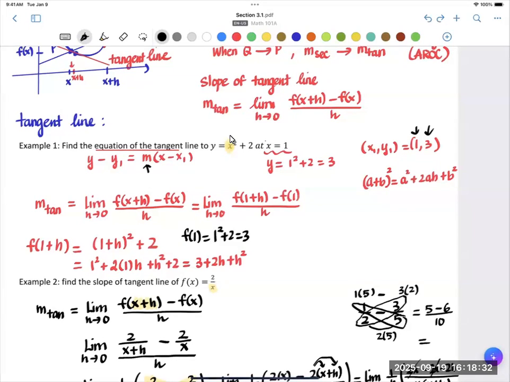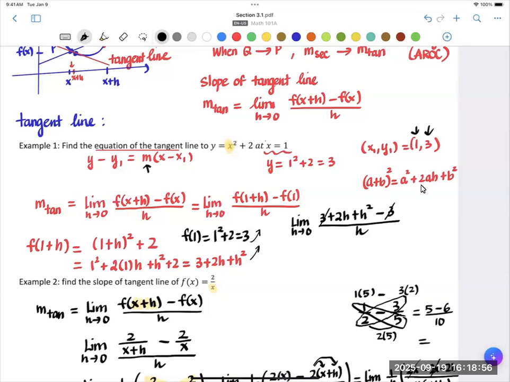And we're going to replace everything into the one above. So I have the limit as h approaches 0 of 3 plus 2h plus h squared minus 3, all over h. We can see that the 3 and the 3 must go, and then the h in the denominator should go away as well.